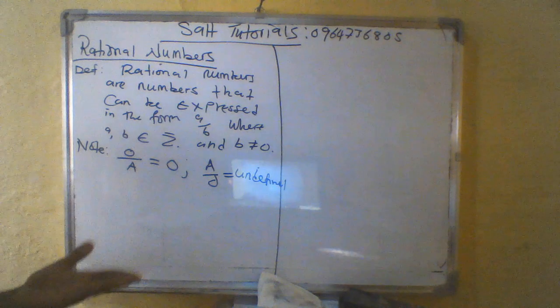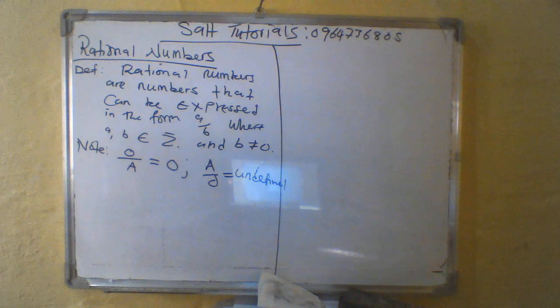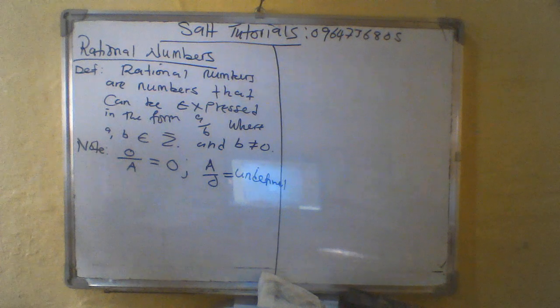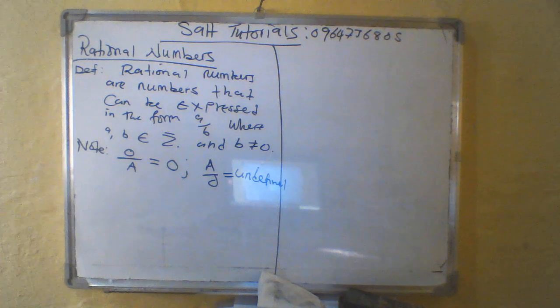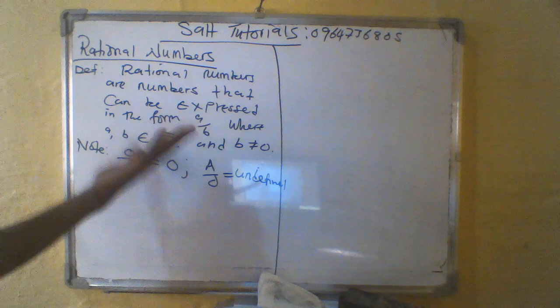So in this lesson, I'm now going to briefly describe some of the characteristics of rational numbers. Once we understand the characteristics of these rational numbers, we'll be able to distinguish them from other values. So for example, if we're talking about rational numbers, we know they are fractions.